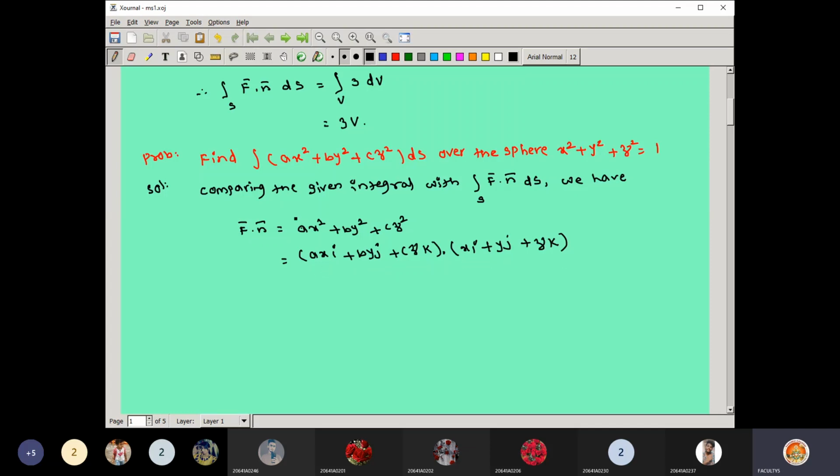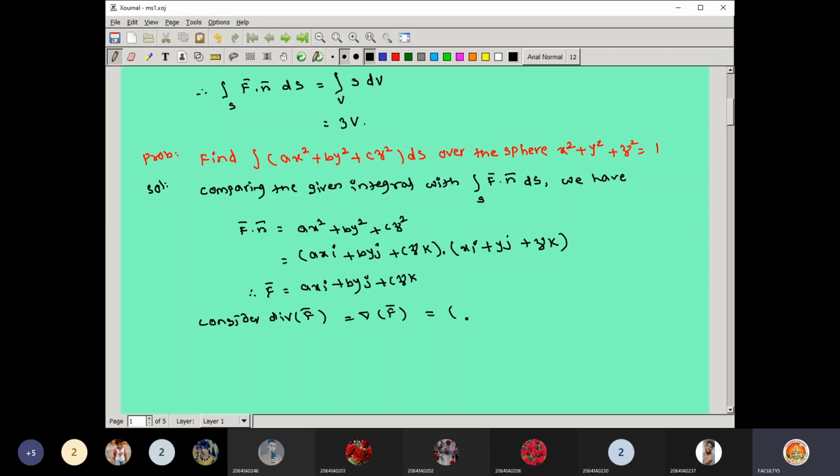If you take the dot product, you get exactly ax square plus by square plus cz square. Therefore f bar is exactly axi plus byj plus czk. Once you know this f bar, you can directly calculate the divergence value. So consider the divergence of f bar as per the definition, del dot f bar.